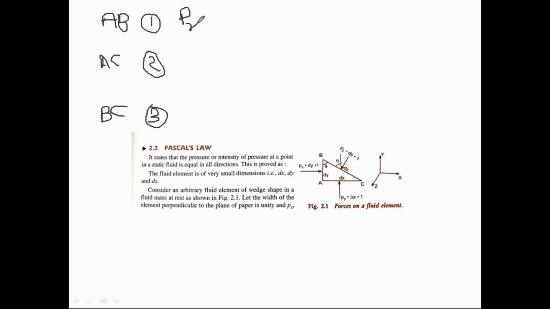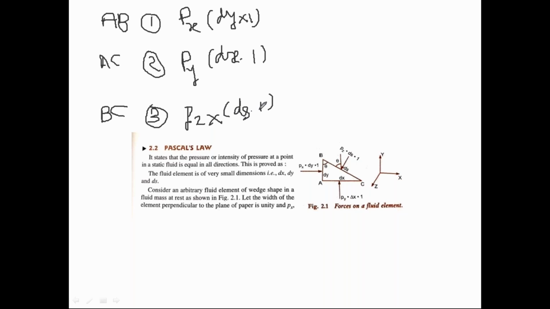It is the intensity of pressure in x direction, area, it is dy into 1. Intensity of pressure in y direction, area dx length into 1. Intensity of pressure Pz, what? Yes, correct, ds into 1. Okay, so this is about all the pressure forces acting on AB, AC, BC.